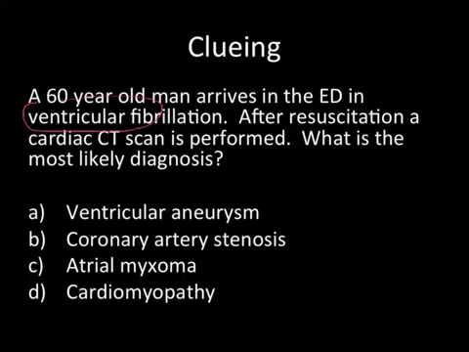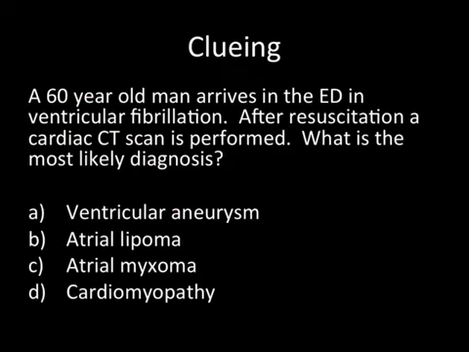After resuscitation, a cardiac CT scan is performed. What is the most likely diagnosis? And here the word ventricular is repeated again in this particular patient. Obviously, I'm not showing you the image, but that clues you to look for that ventricular may be more likely. Same history here, but in this case, the word atrial is repeated in two of the answers, and that's going to clue you that it's either atrial lipoma or atrial myxoma that is the correct answer.